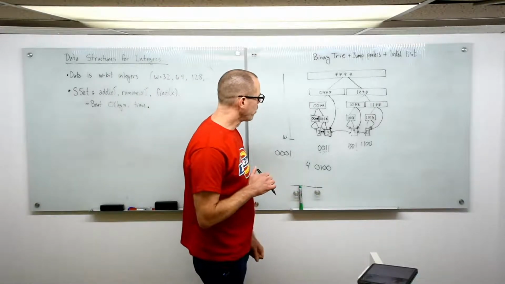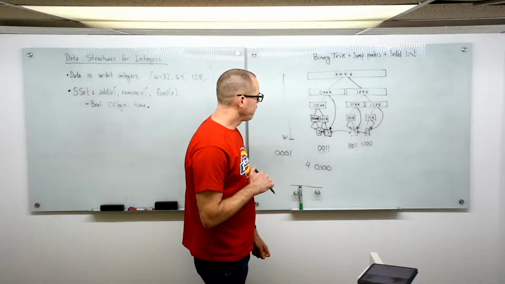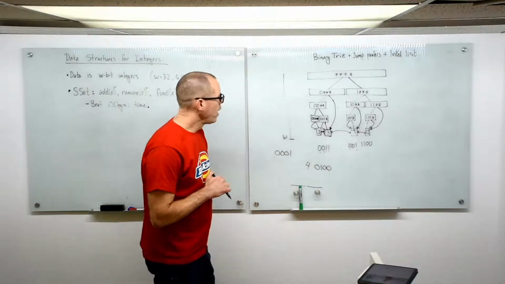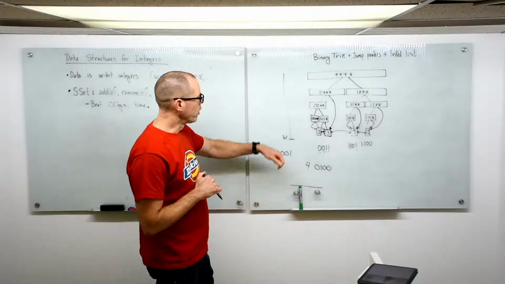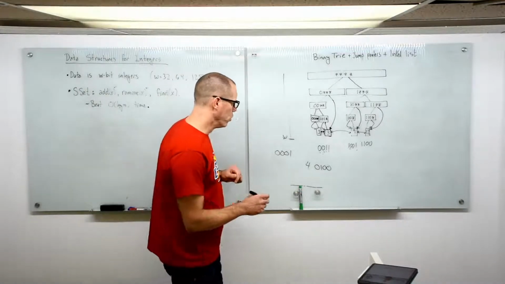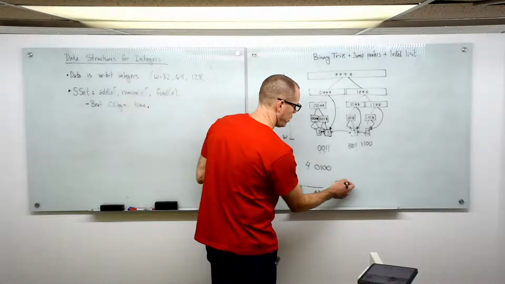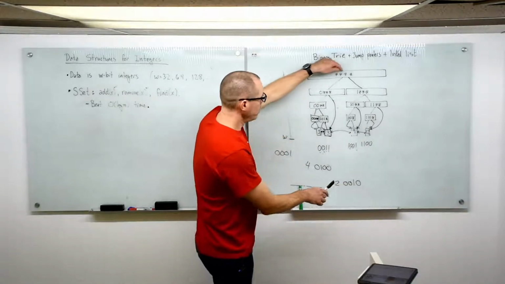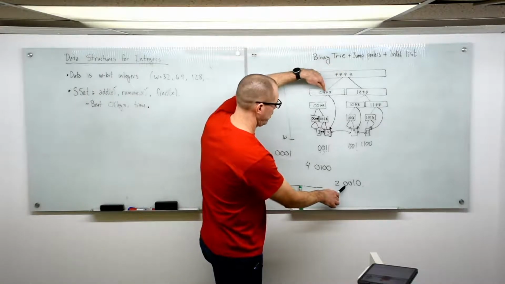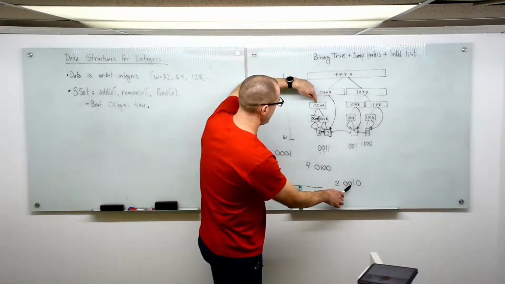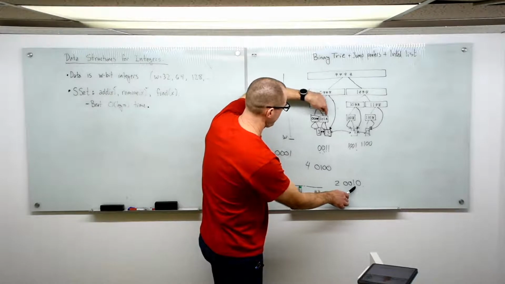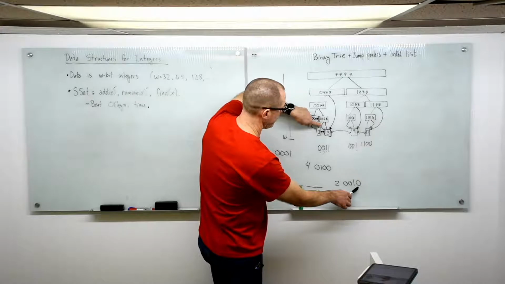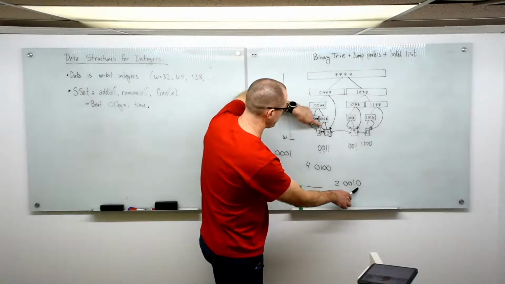And we can try that for another one. For instance, if I want to look for, let's say, 2. 2 is 0, 0, 1, 0. So that follows the 0, then the next 0, then the 1, and then it tries to go to the left child, but there is no left child, there's only a jump pointer.